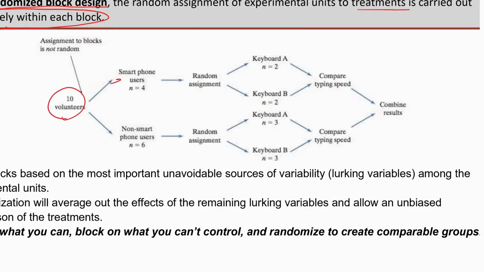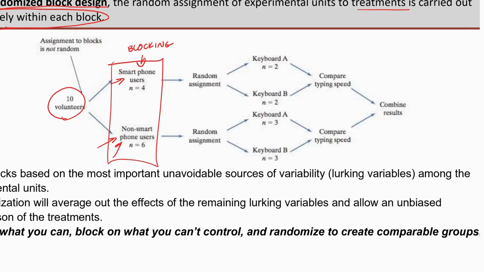Well, some of them have smartphones and some of them don't. Maybe the people with smartphones have gotten used to their current keyboard layout and would be not happy about a new layout. And the non-smartphone users, oh, they don't know any different. Well, we think that how the new keyboards are interpreted may be different within these two blocks. So this step here is called blocking.